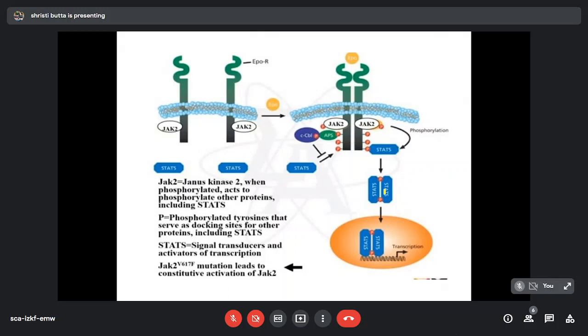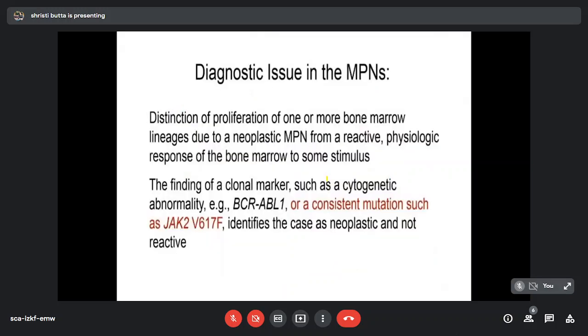So it is the JAK-STAT pathway which is very important and implicated in the pathogenesis and proliferation of cells of the myeloproliferative neoplasms. So the diagnostic issue here is either identifying a BCR-ABL1 in CML or a JAK2 V617F in PV and ET.